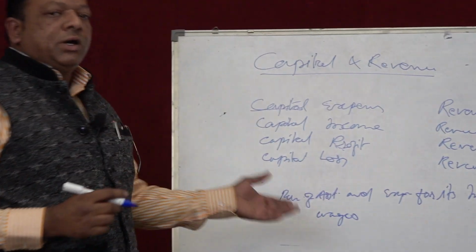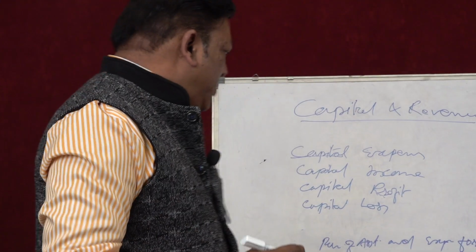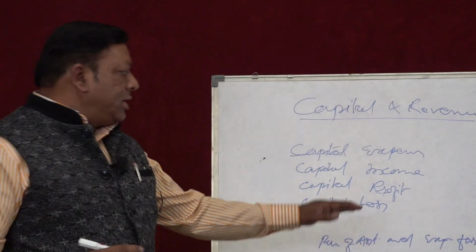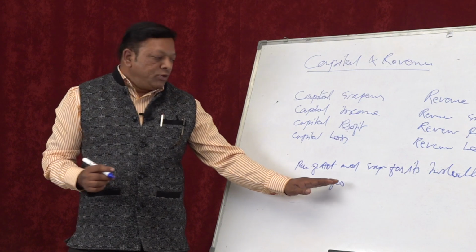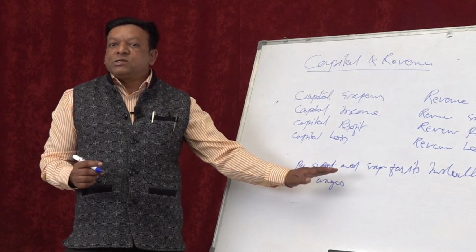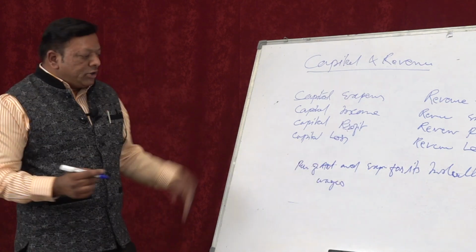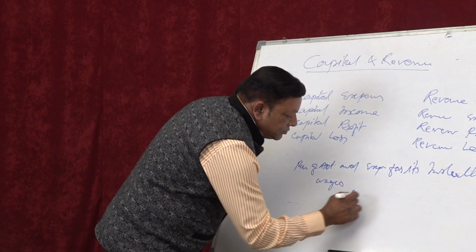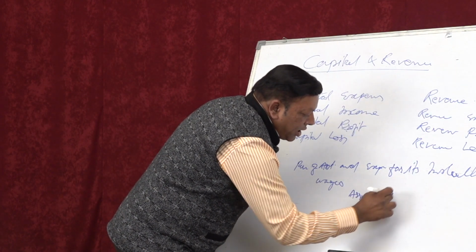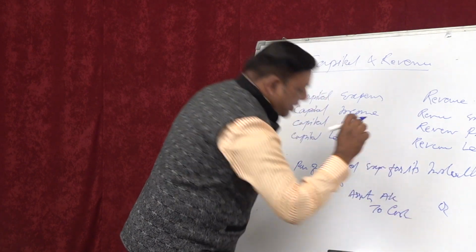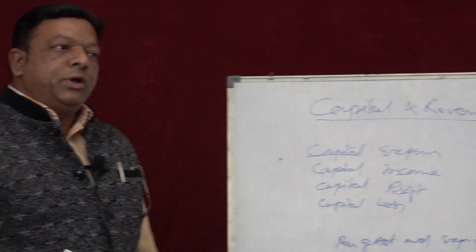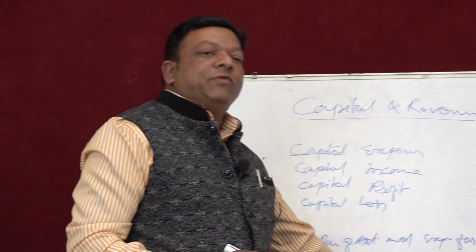Wages is normally an operating expense, but if we pay the wages for installation, it should be a part of the cost of the asset. So it should be entered as assets account debit to cash. Instead of wages, we put the name of the asset.